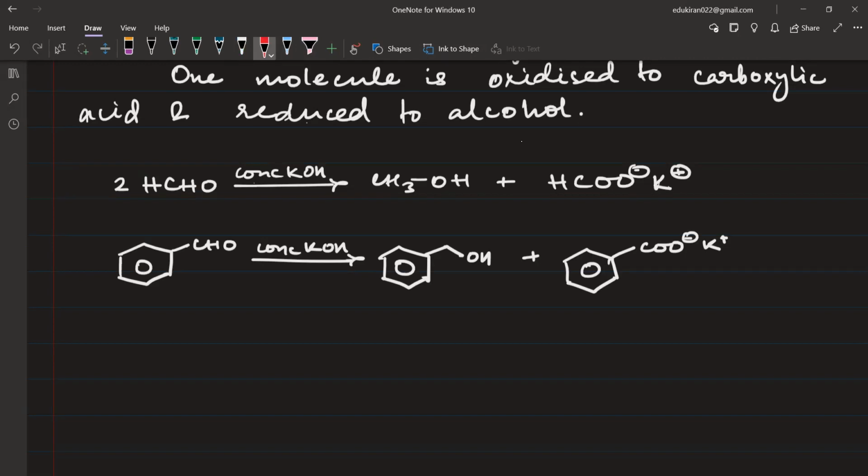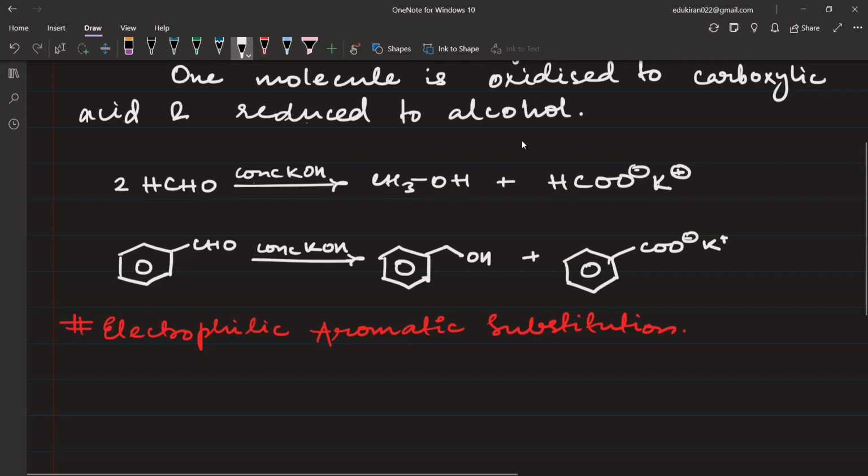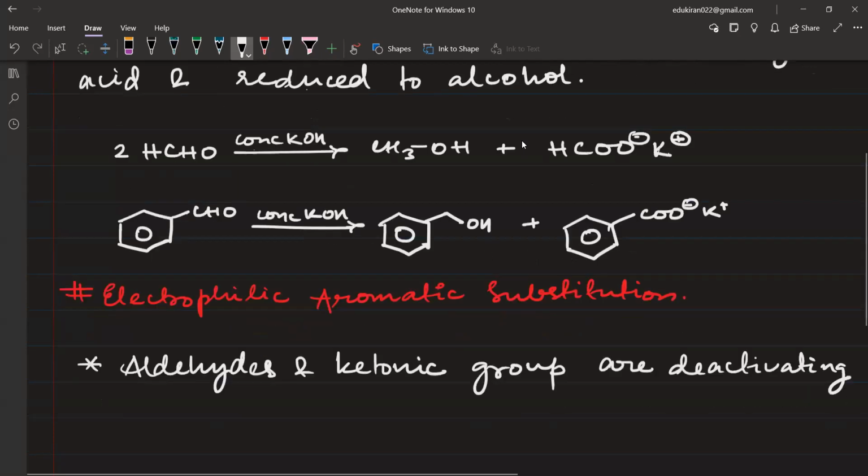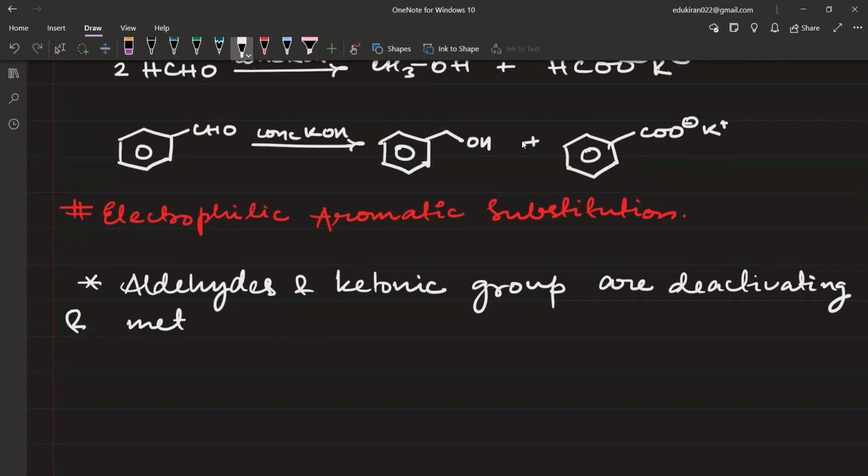After this, you will write electrophilic aromatic substitutions. Both aldehydes and ketones, that is the ketonic group, are deactivating and meta-directing.